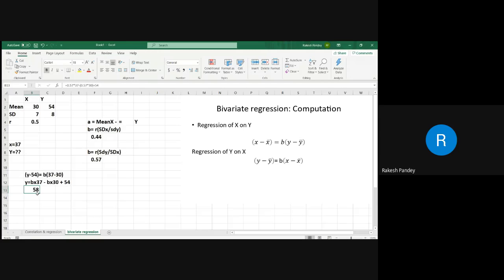So if x is equal to 37, y will be 58. So you can do this type of prediction.